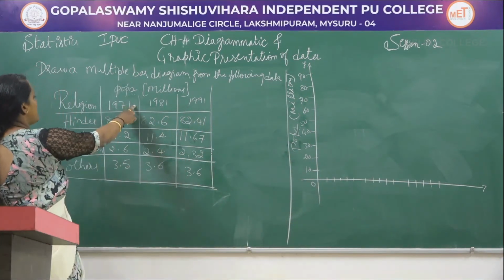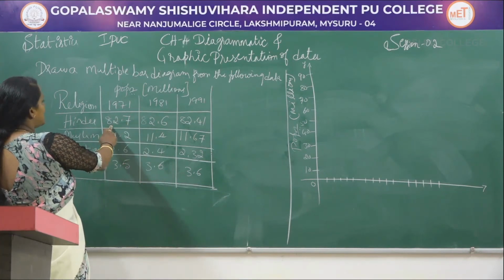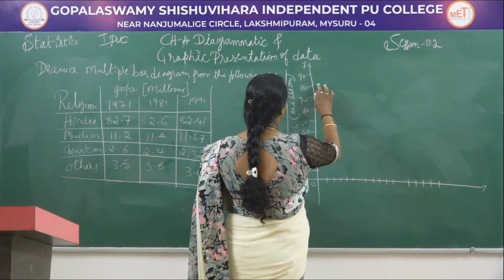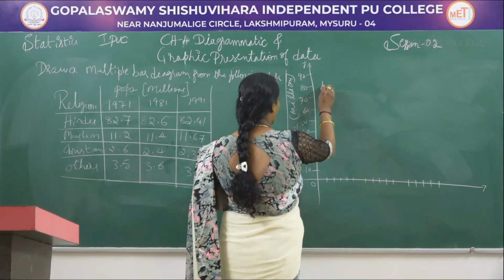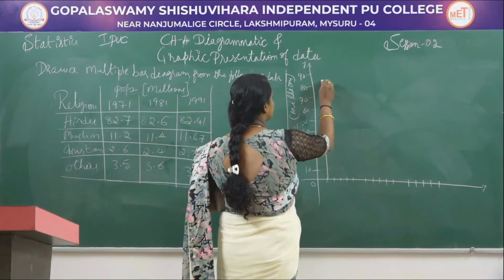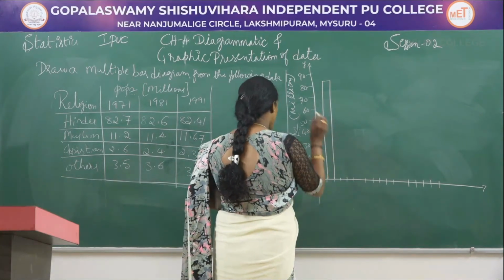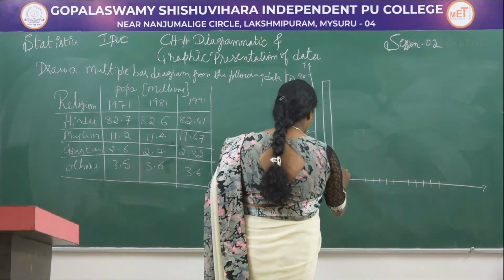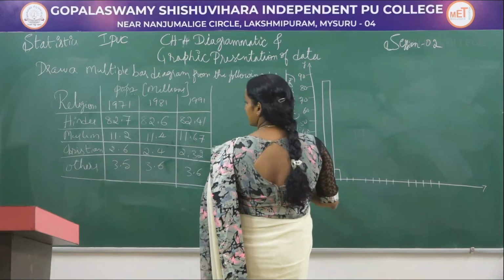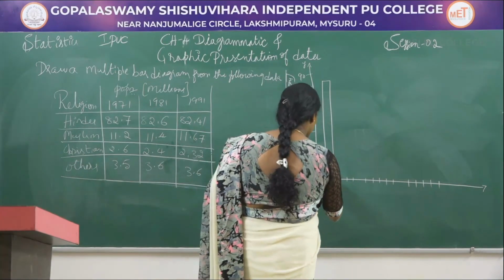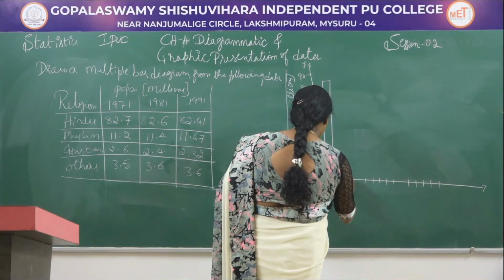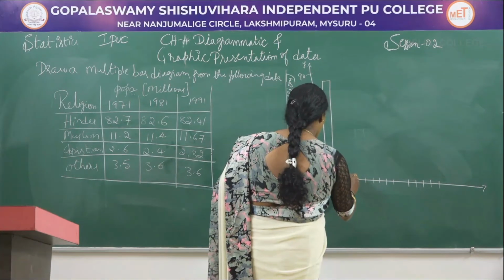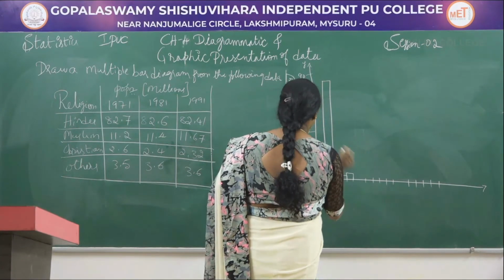For 1971 the Hindus are 82.7. Here I'll take 82.7. And next Muslims are 11.2 and Christians are 2.6. Others will be 3.5, a little bit.